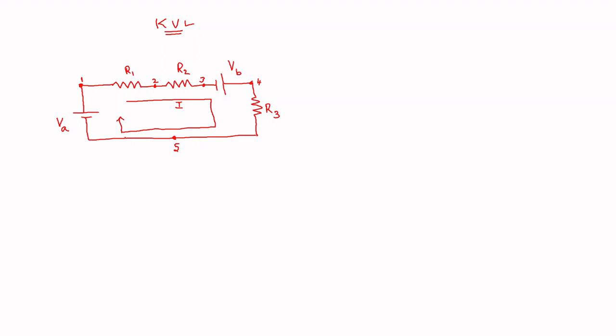Because of this current, you will have potential drop across R1, which is given by V1. V1 is equal to I into R1. And there will be a potential drop across R2, which is given by V2, that is equal to I into R2. Similarly, the drop across R3 is given by V3, which is equal to I into R3.